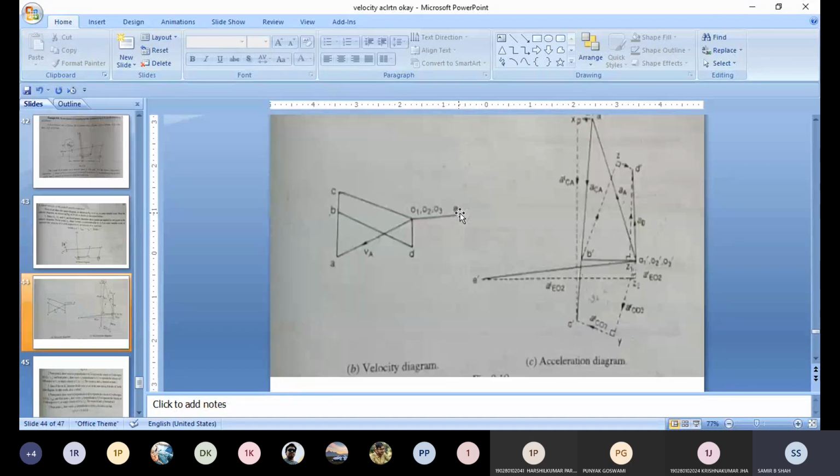I repeat the equation and I mention it in the chat box also, so you can clarify which equation finds point E. So remember the equation: O2E by O2D is equal to small o2e divided by small o2d. You get point E, because it is a bell crank lever, where the links are at 90 degrees.